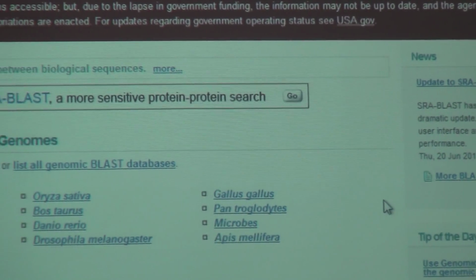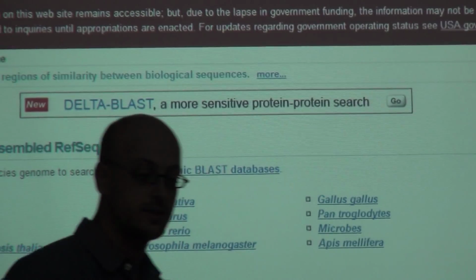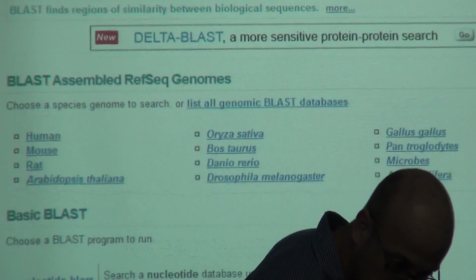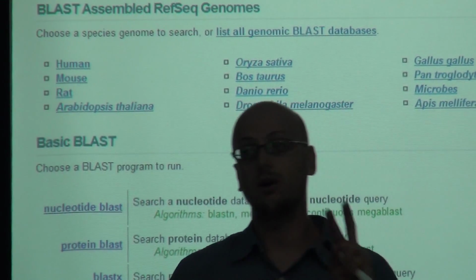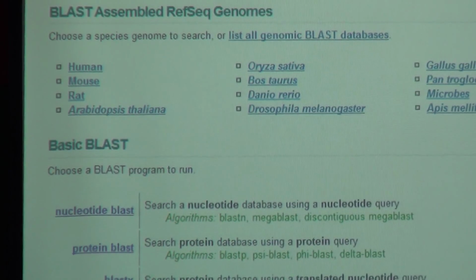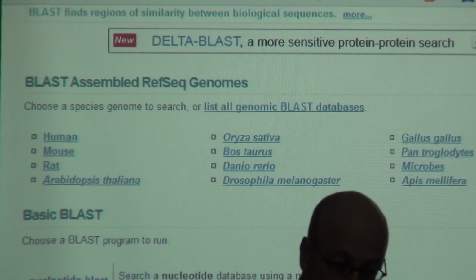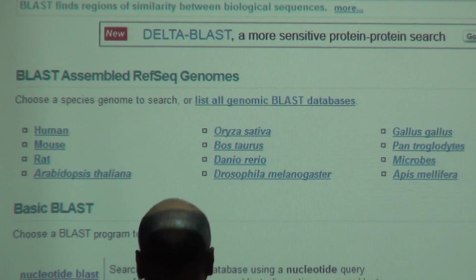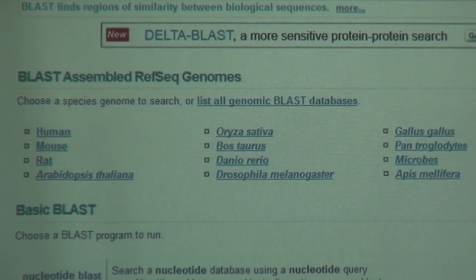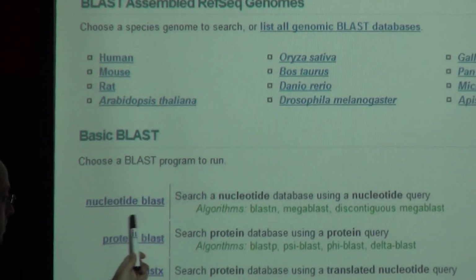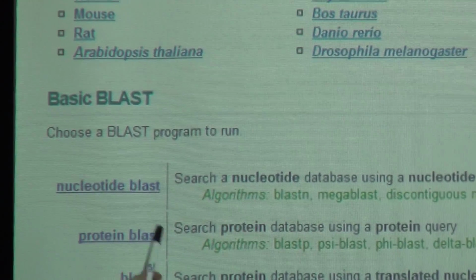And we have a lot of different types of BLAST, but only two main ones. So the main ones, as you can see here, are nucleotide BLAST and protein BLAST.